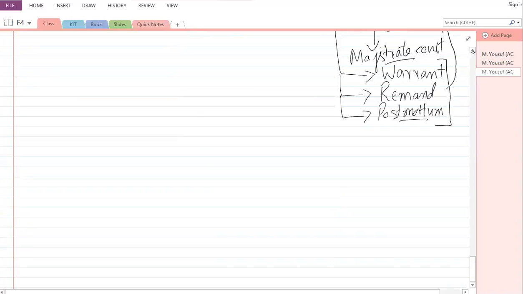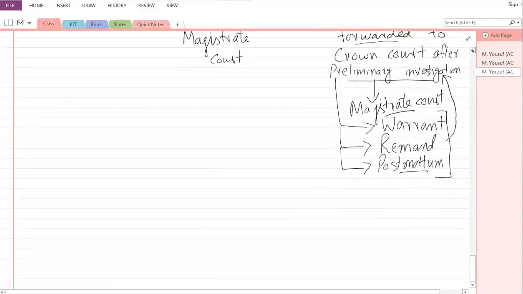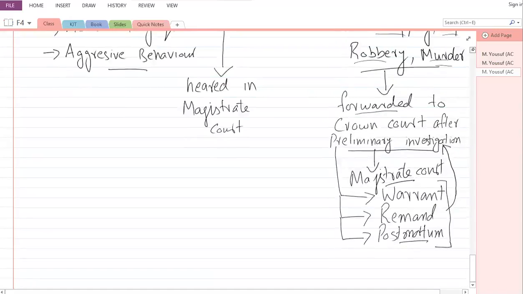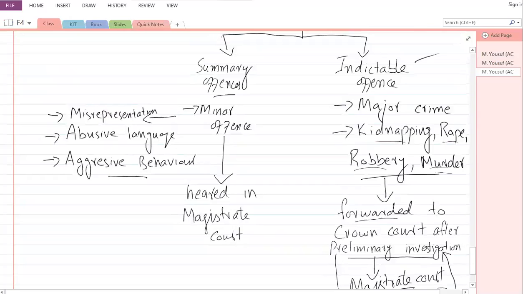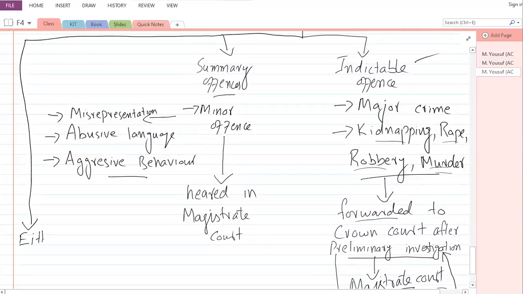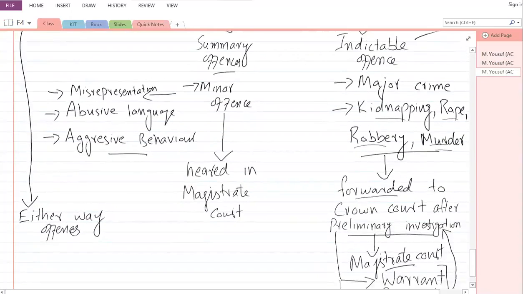There is a third type of criminal offences as well. The third type is called either way offences. So what are either way offences?